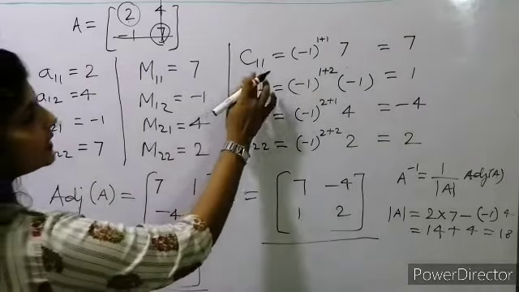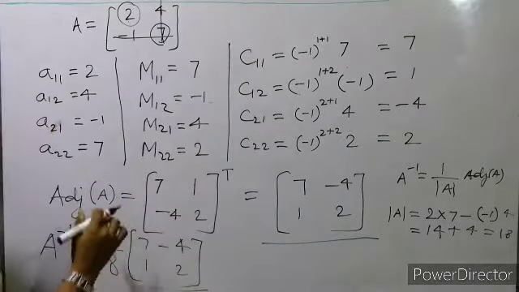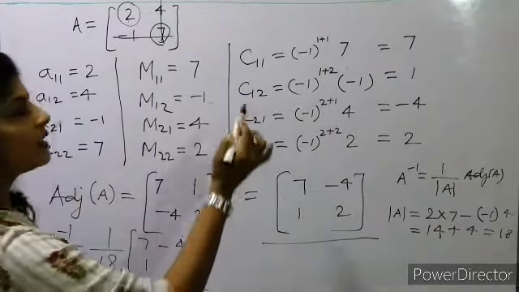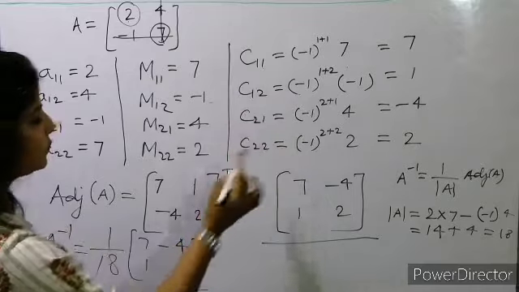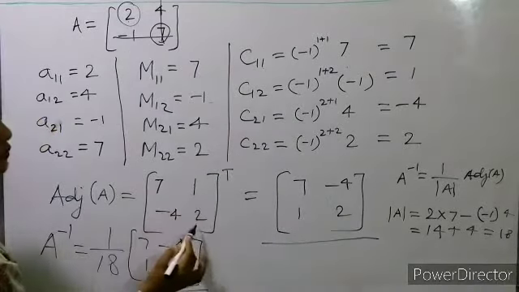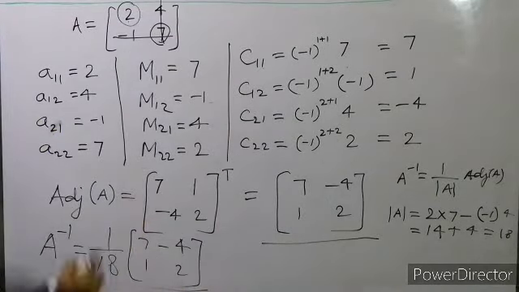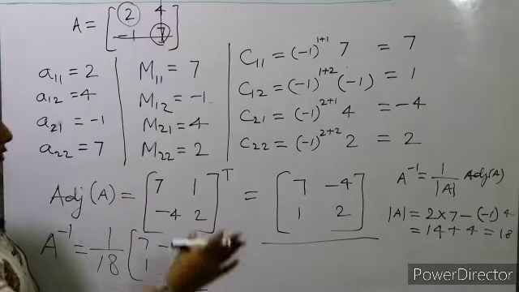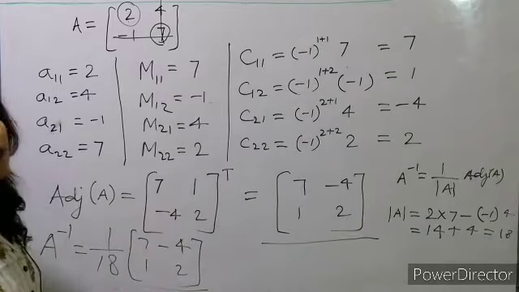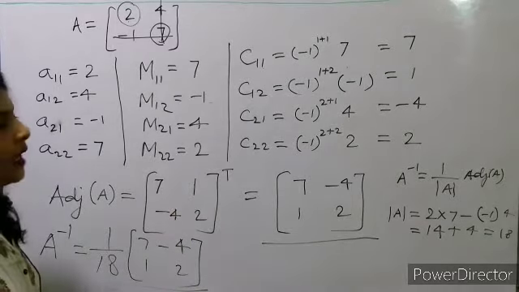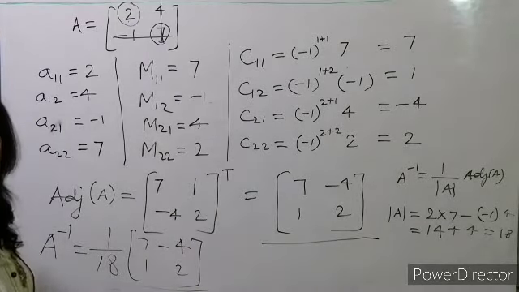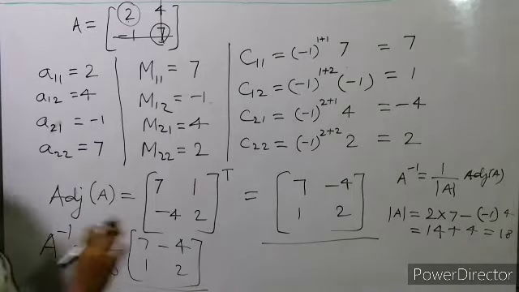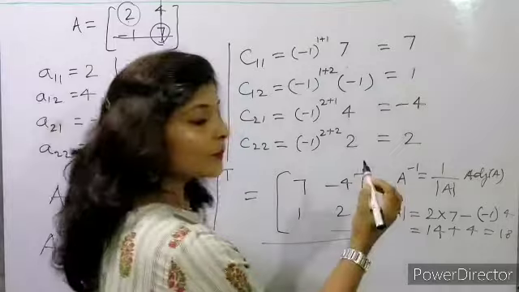Cofactor matrix means a matrix will be there whose values will be the cofactor values, right? C11, C12, C21, C22. This value we will write, and we will find the transpose of that matrix, and the transpose will give the adjoint of that particular matrix A. Okay, once we get the adjoint of the matrix, we can easily find the inverse, because what is the formula for inverse?